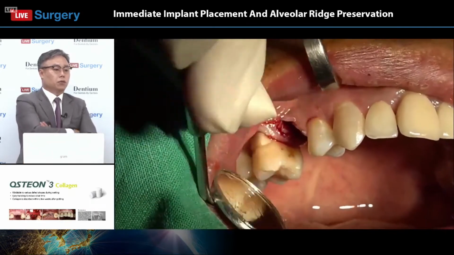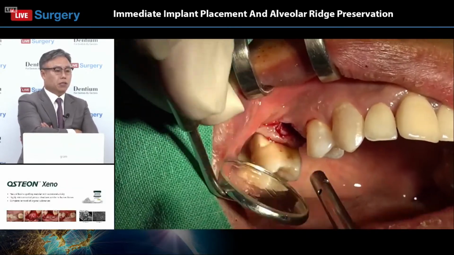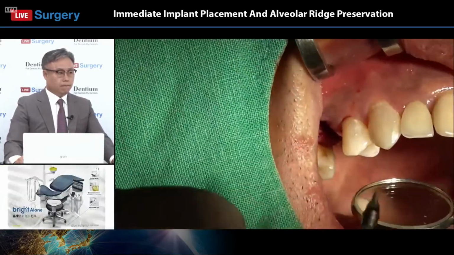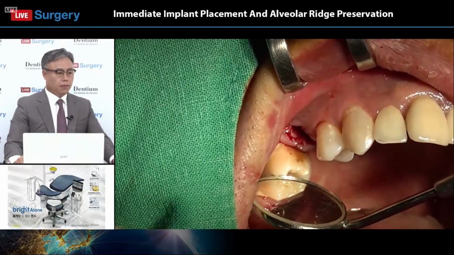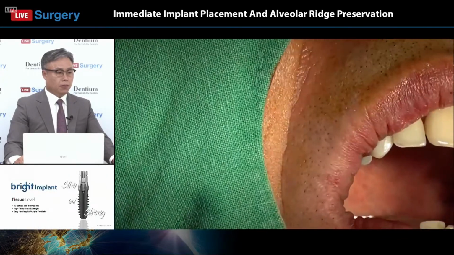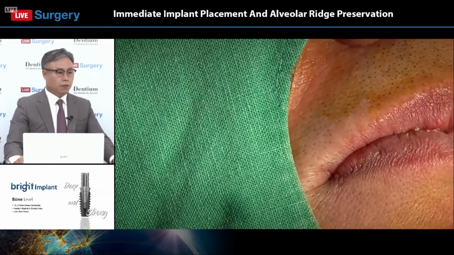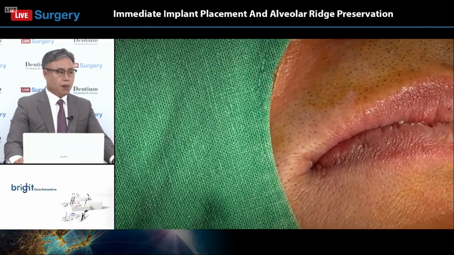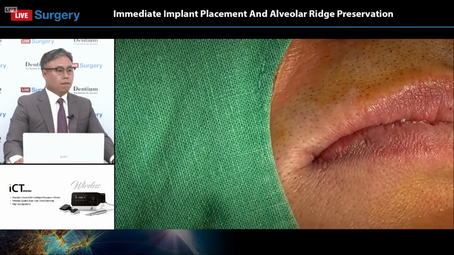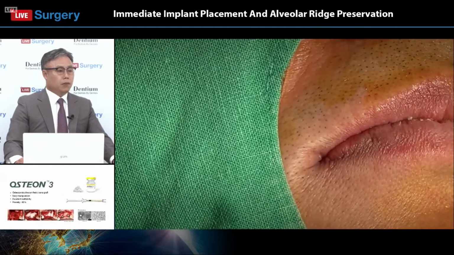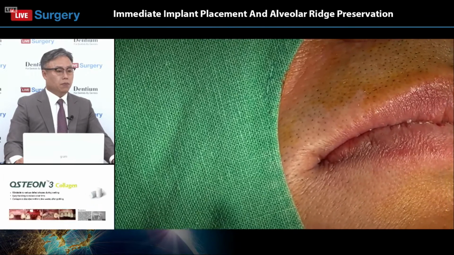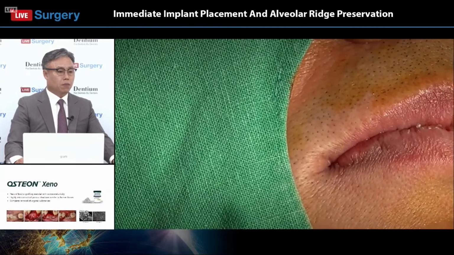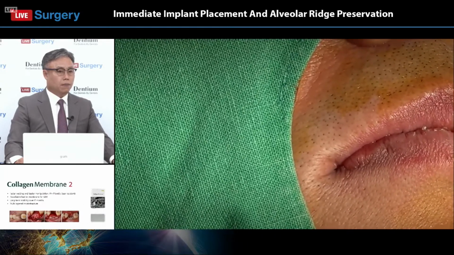And he's making sure whether the primary stability is enough for the implant or not. This is immediate implant placement with bone graft on the gap defect, which is left after placing the implant, on the buccal and palatal side.